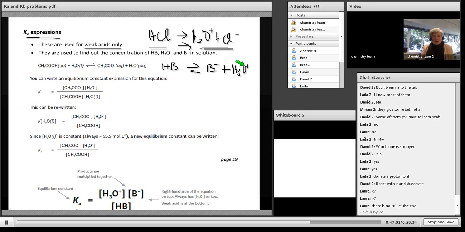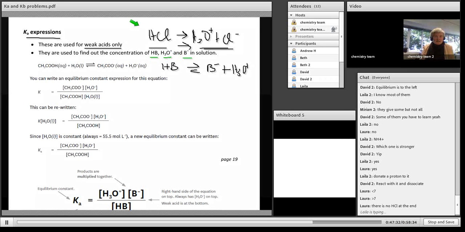According to that equation, can you see that we use this Ka expression to find out concentrations of HB, or the hydronium ion, if you're asked to calculate a pH, and also perhaps the B minus, you might be asked that. So this is why we use a Ka expression.